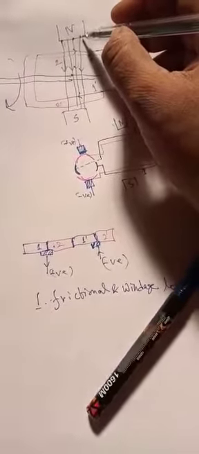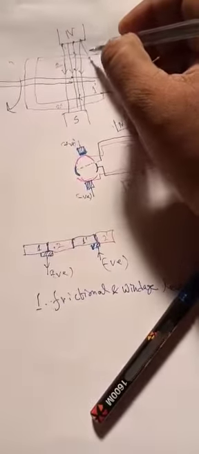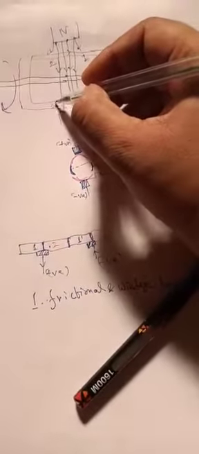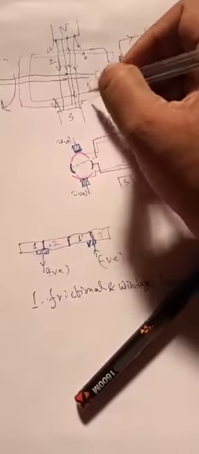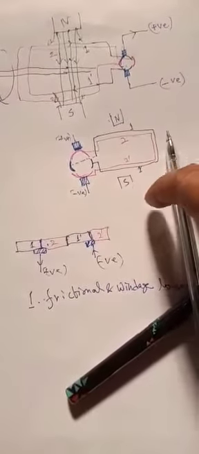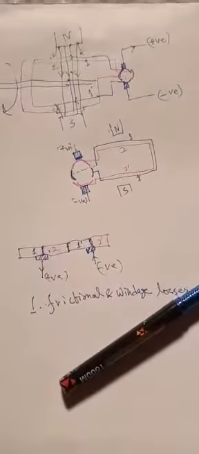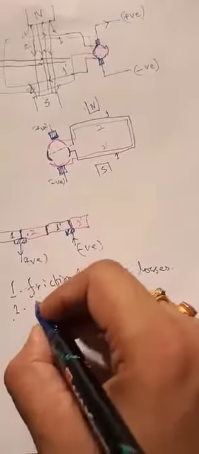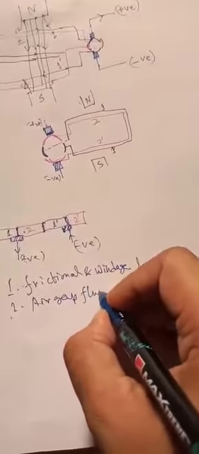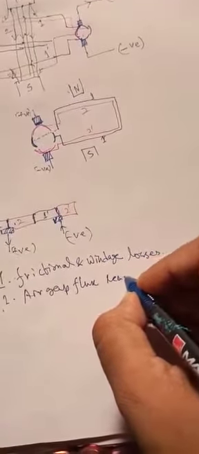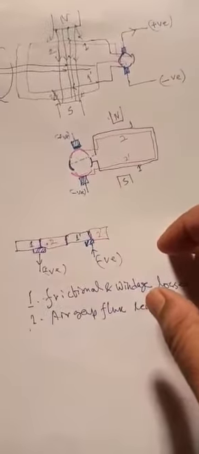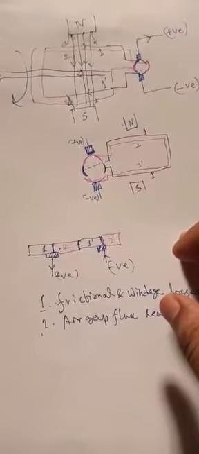Some part of these fluxes will be lost in the air gap, so that's called the air gap flux leakage. This is loss of MMF.